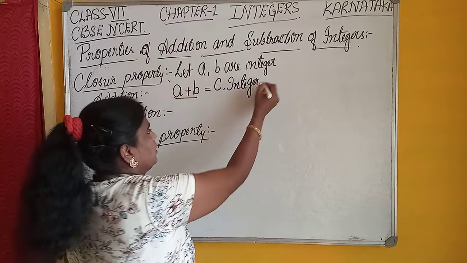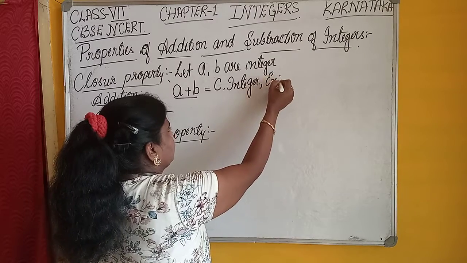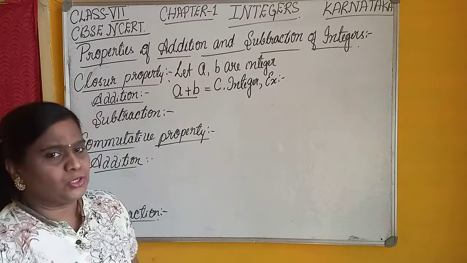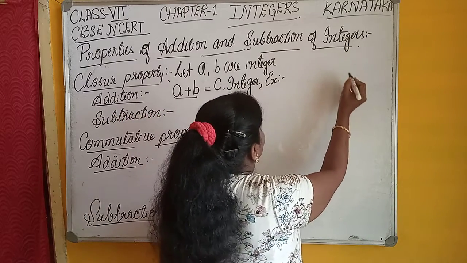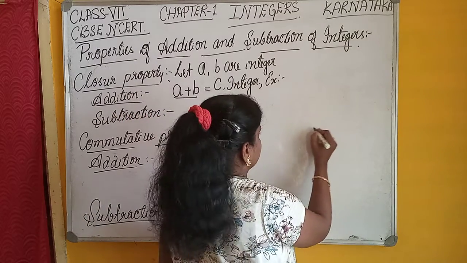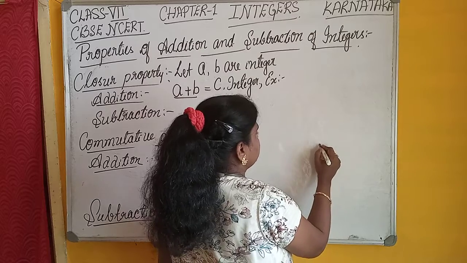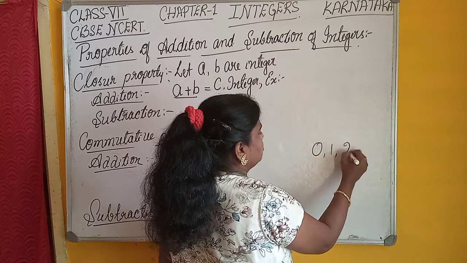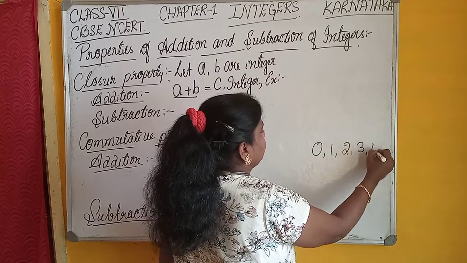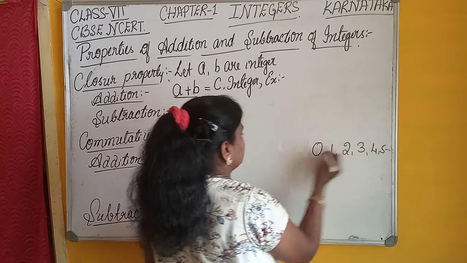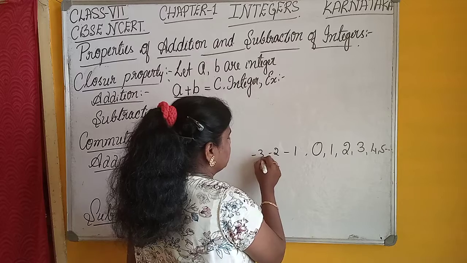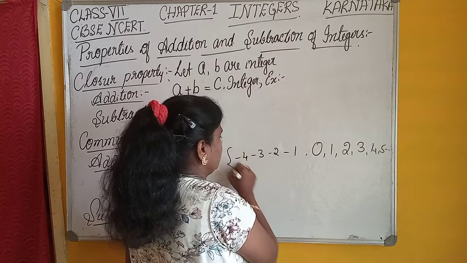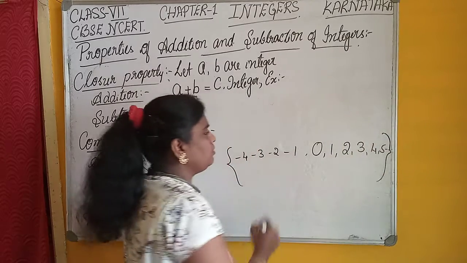Okay, let us take one example for that. Consider any two integers. What are integers? That is 0, 1, 2, 3, 4, 5, etc. Here minus 1, minus 2, minus 3, minus 4, etc. Okay, these are the set of integers.